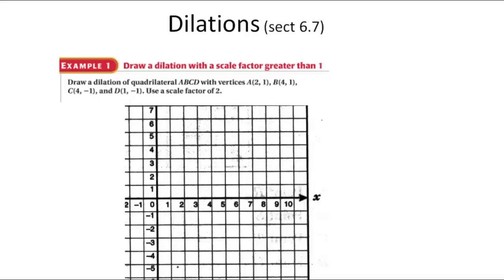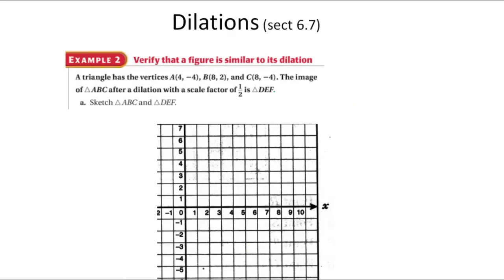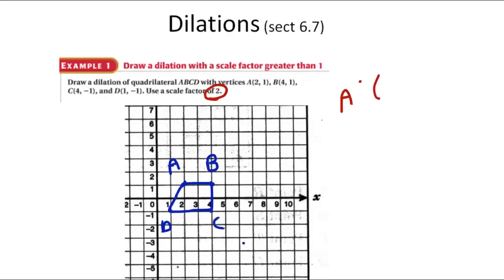So on my dilation, I'm going to pause right here and I'm going to plot my 4 coordinates A, B, C, and D. You do the same. So I just plotted my A, B, my C, and my D. I'm going to change colors to do the dilation of this particular one. For some people, the dilations are easier if they will write out their problems first. So I need to find A prime. They want me to use the scale factor of 2. That just says I take all of my points. 2 times 2 is 4. 2 times 1 is 2.